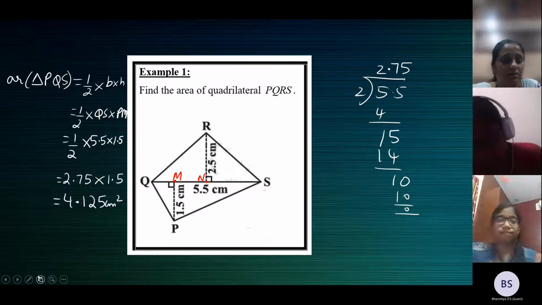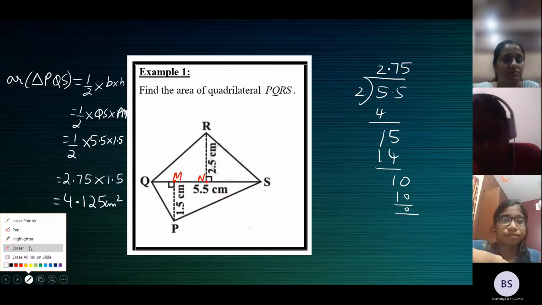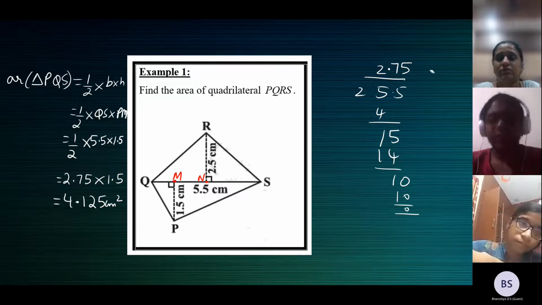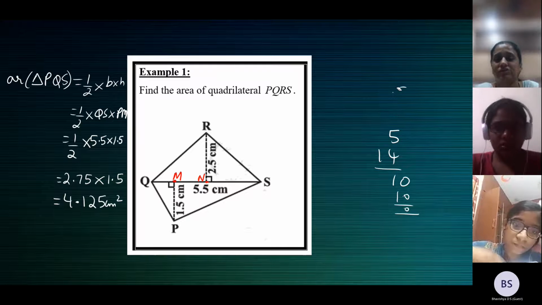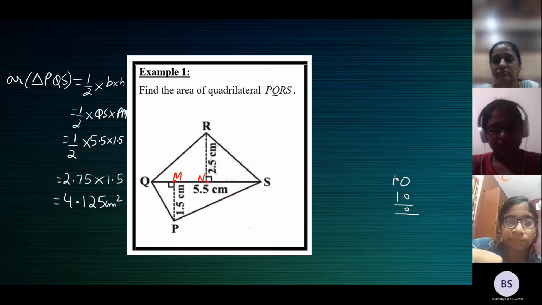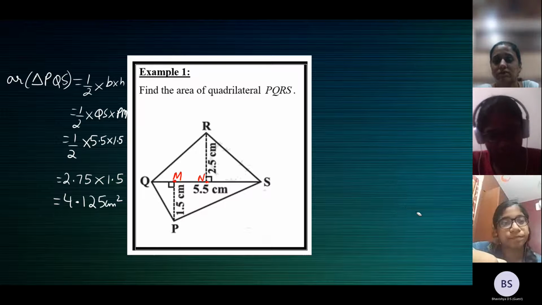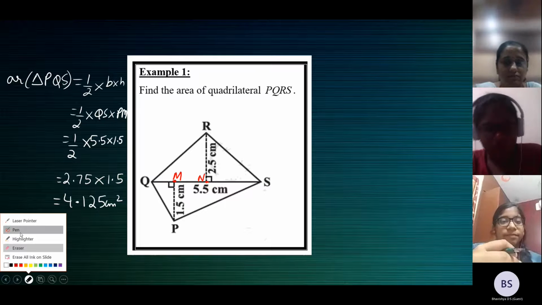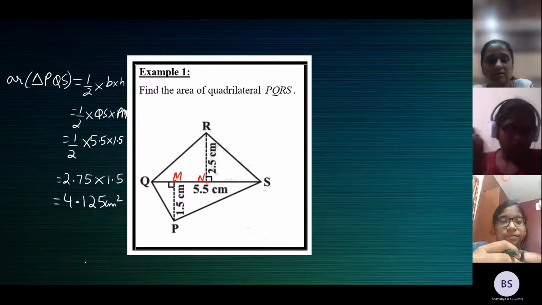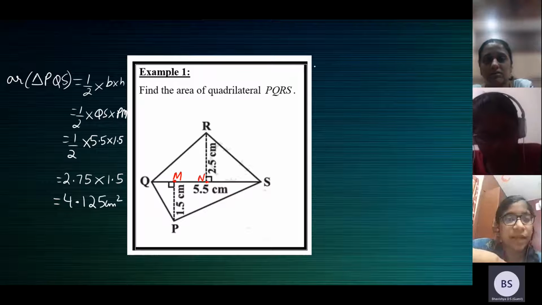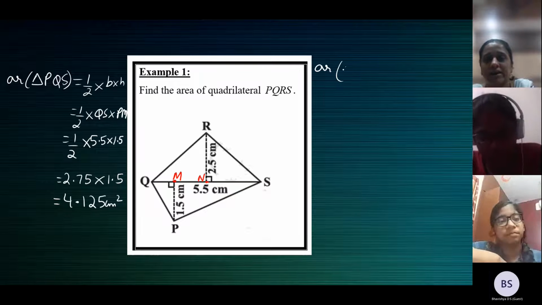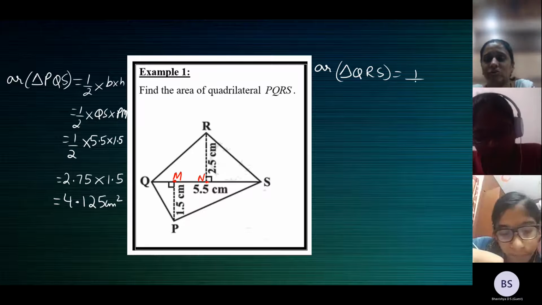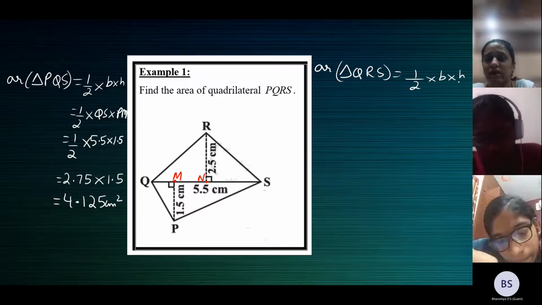All right. Then next we'll find the area of the other triangle. Which is the other triangle? Triangle QRS. Area of triangle QRS is equal to half into base into height.